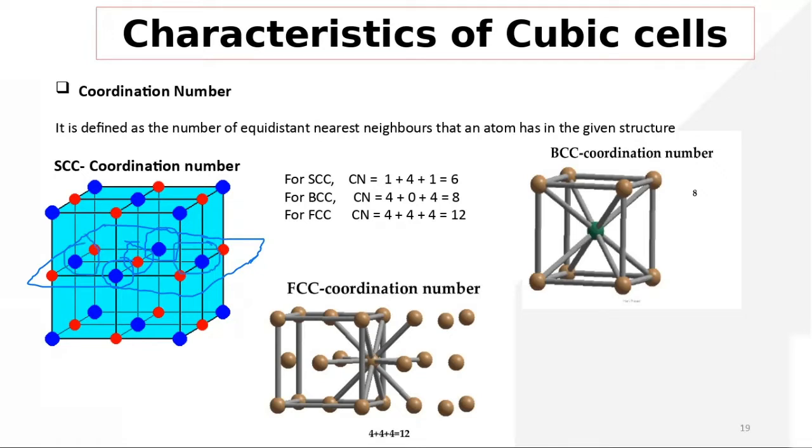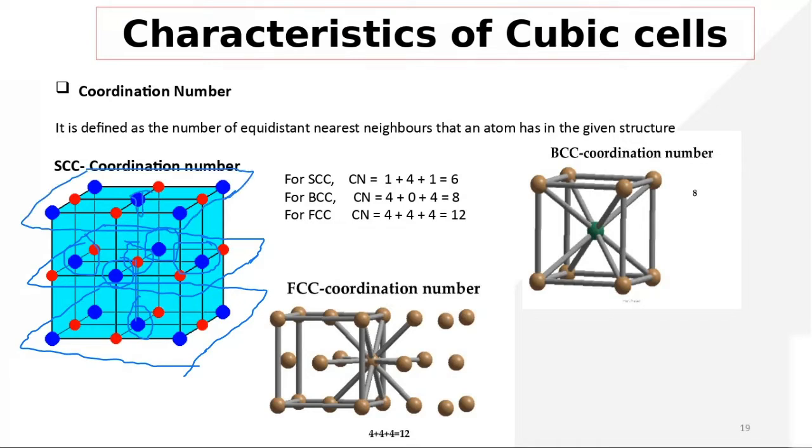So in this crystal plane there are 4 atoms that are equidistant and nearest to this atom. And when we talk about the plane below, how many atoms are equidistant from this? Only this one atom. And if we talk about the plane above, 1 is there.